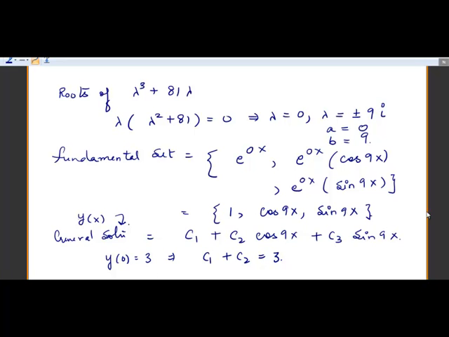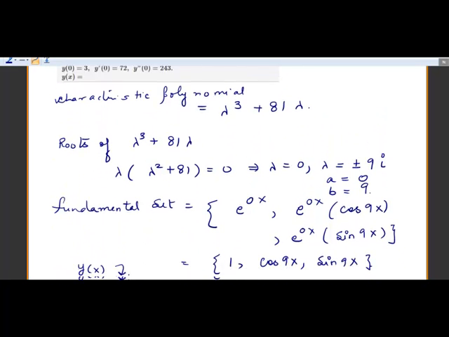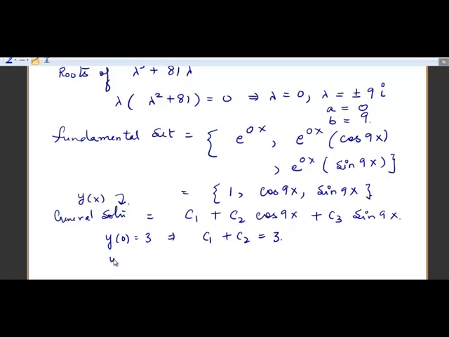Then y prime at 0 is how much? 72. So the derivative of this will involve sine, so that will not contribute. This will involve cosine 9 times C3.